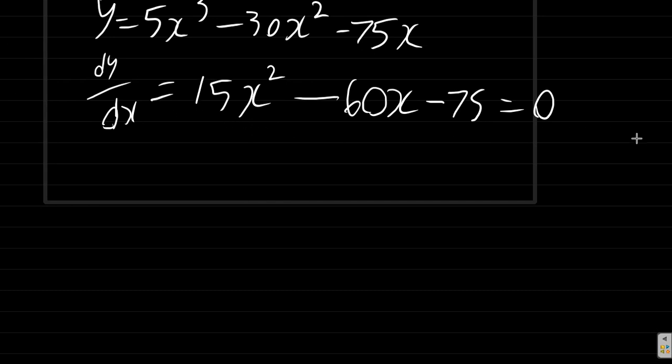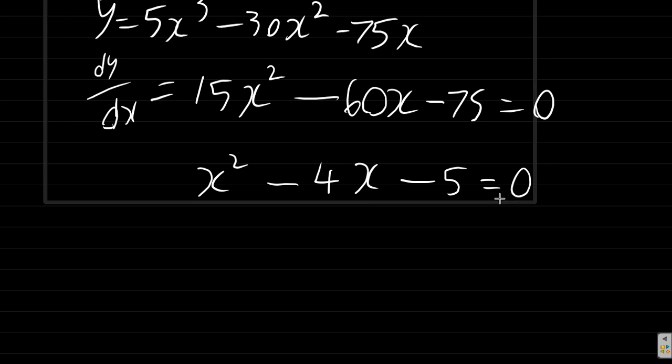You can divide everything by 15 to get smaller numbers. So divide this by 15, you have x squared minus 4x, what is 60 over 15? 4. And then 75 divided by 15 is 5. Minus 5 equals 0.